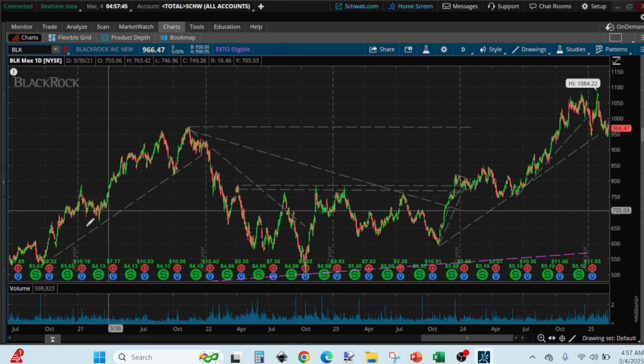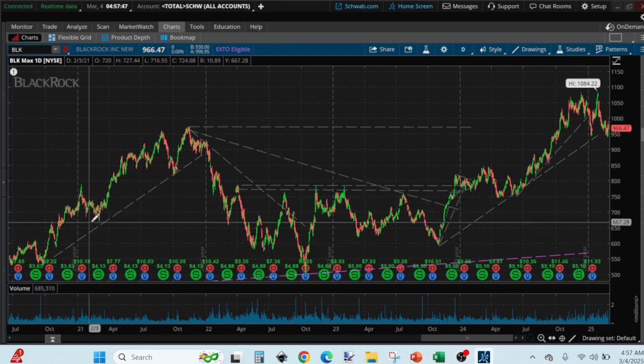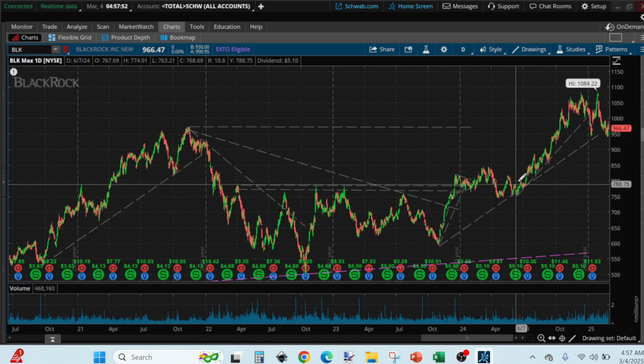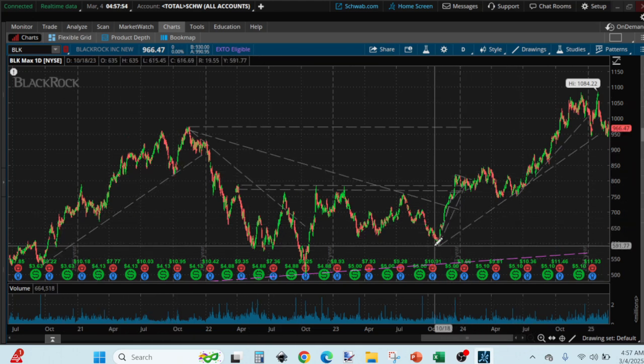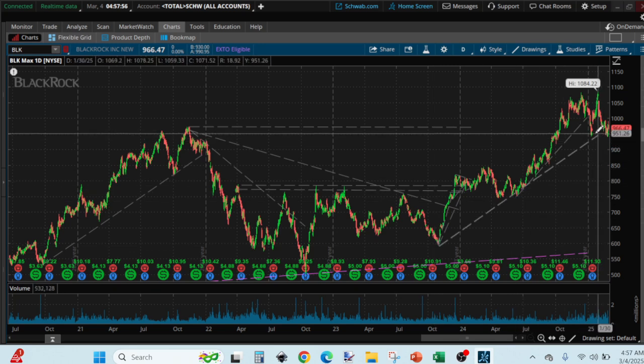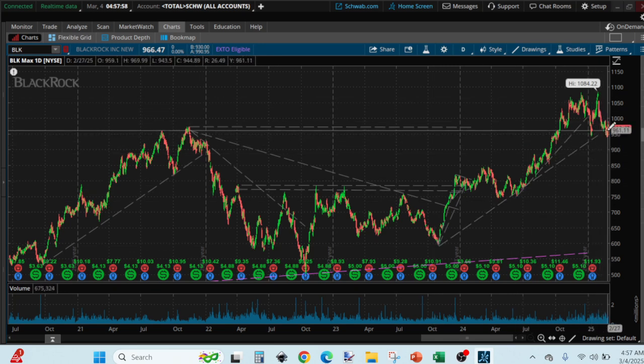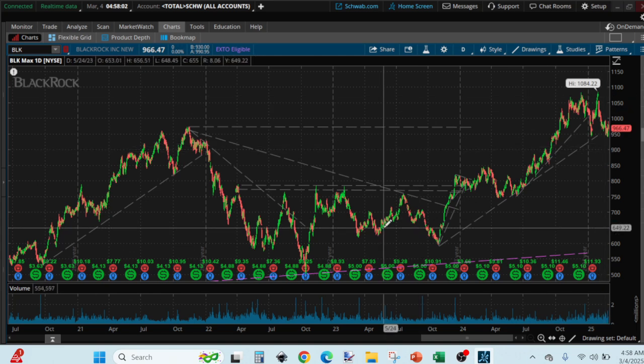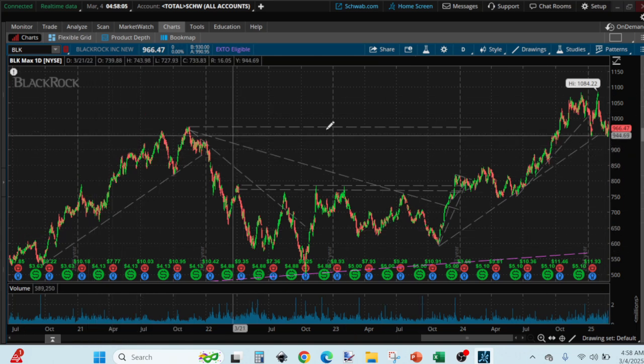By just looking here, it touched base with it 3 times before it pulled back. If we are looking here, 1, 2, 3 and it pulled back here. So we don't know if it's going to continue again or if it's going to follow this pattern and start pulling down.